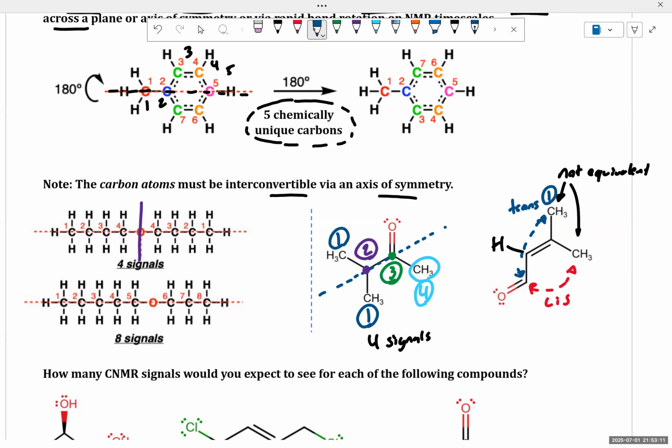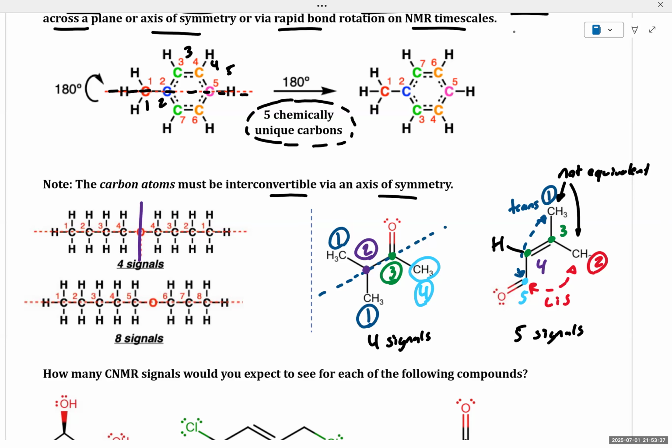Thus, we would see 1, 2 unique signals for these 2 carbons. We'd see a 3rd signal for this carbon, a 4th signal for this carbon, and a 5th signal for this carbon, for a total of 5 unique signals. 1, 2, 3, 4, 5.